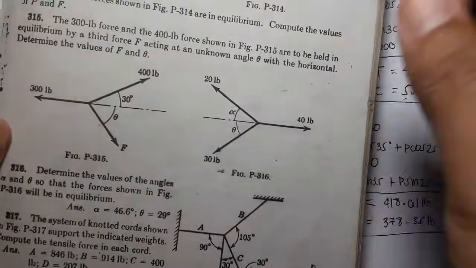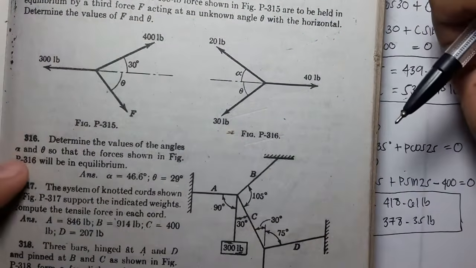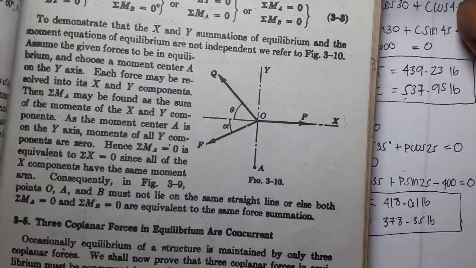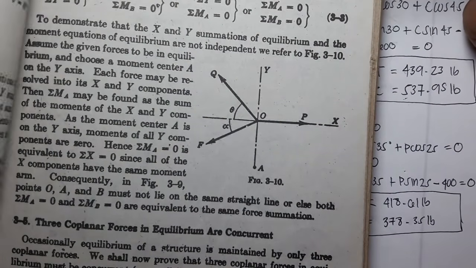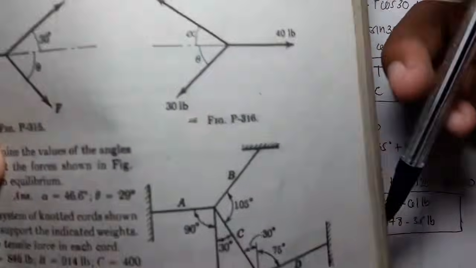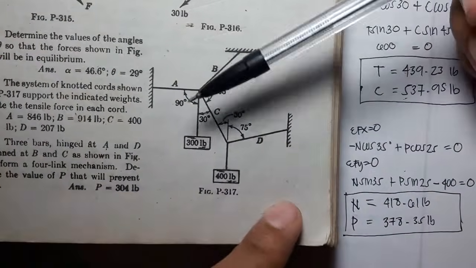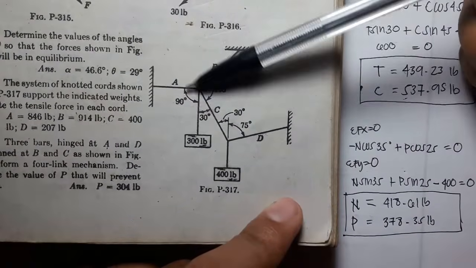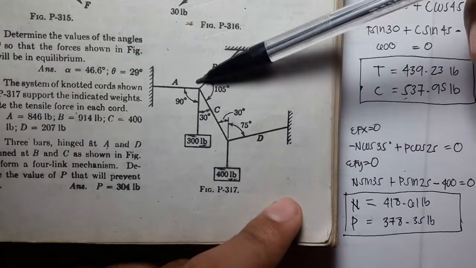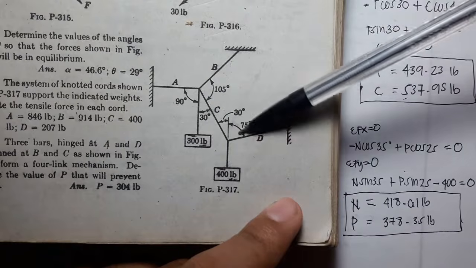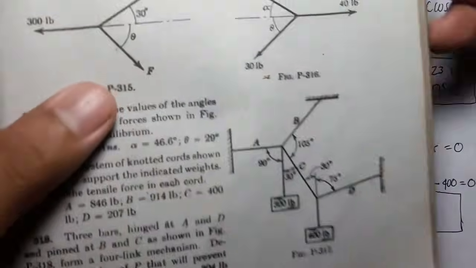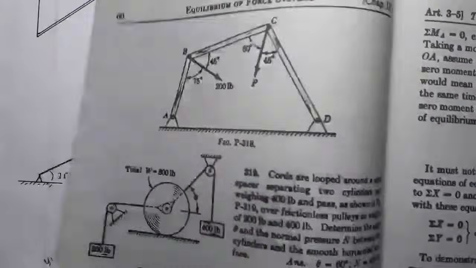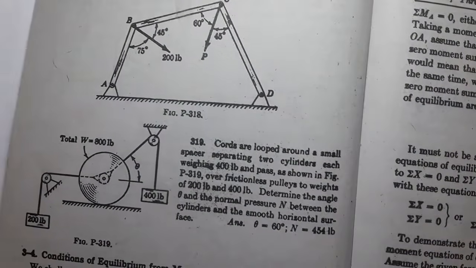So for next, there's many more problems here in the book, so we can try to solve for our next video. Maybe it looks challenging just looking by this system. There's many connections here. Then we also have these two problems here.